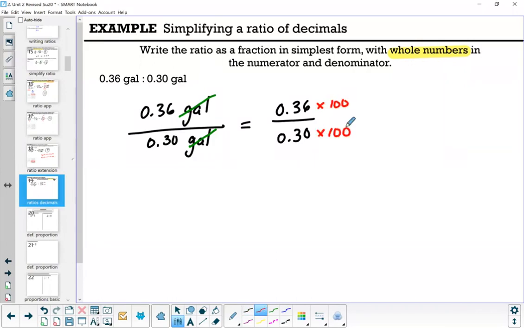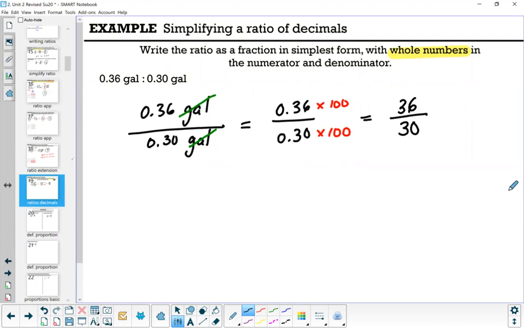So I multiplied the numerator and denominator by 100. And why I chose 100 is because that's what's going to give me whole numbers. So instead of 0.36, I have 36. And instead of 0.30, I have 30. So multiplying the numerator and denominator by 100 shifted the decimal point to the right 2 spaces.